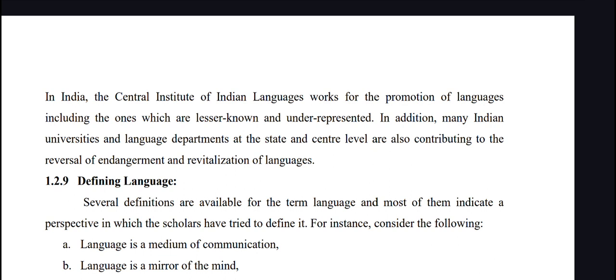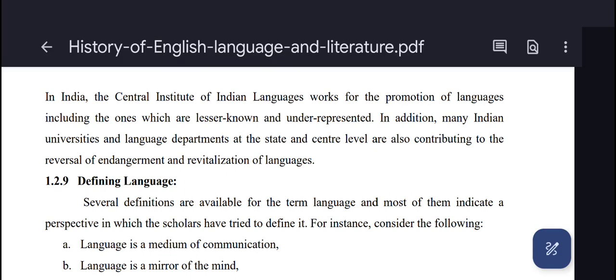In addition, many Indian universities and language departments at the state and center level are also contributing to the revival of endangered languages and the revival of language.